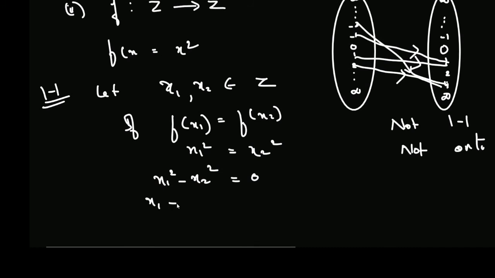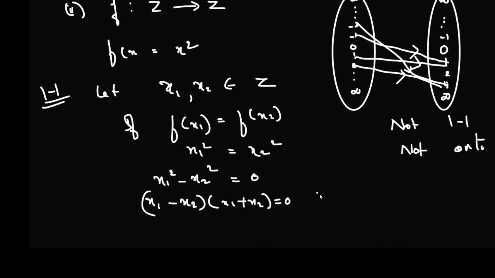So you get x1 minus x2 times x1 plus x2 is 0. So you're getting two answers: x1 is x2 and x1 is minus x2 also. But what is the definition? If f of x1 is equal to f of x2, x1 should be equal to x2. So you're getting two answers.